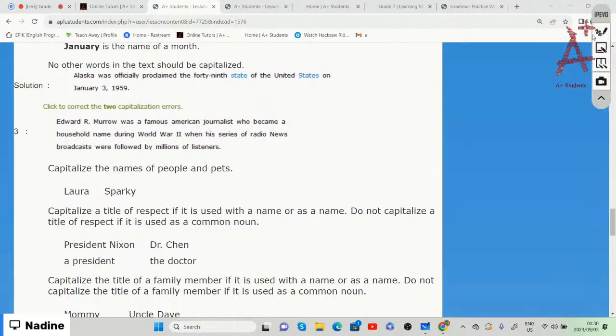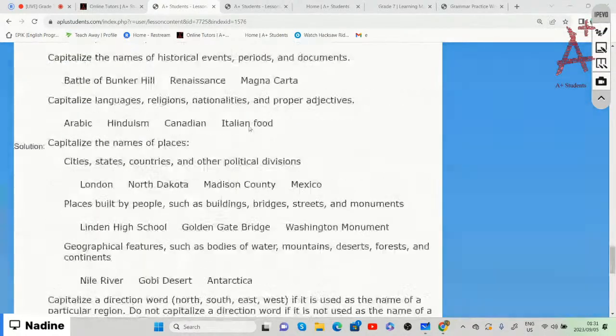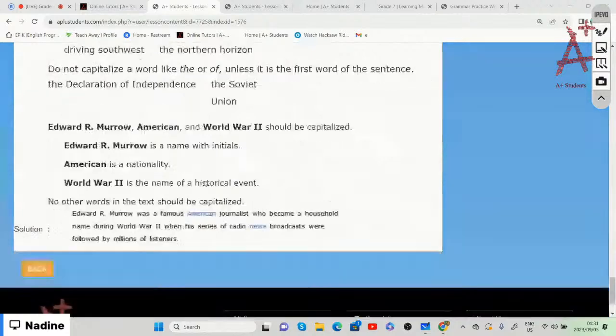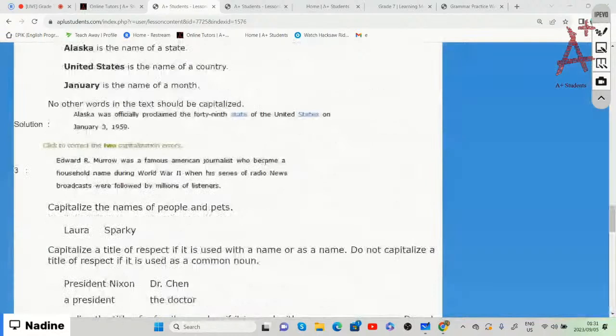All right, so American needs to be capitalized because it shows his nationality. If he's from America, then he's American, right? So that shows his nationality, and we need to capitalize it.